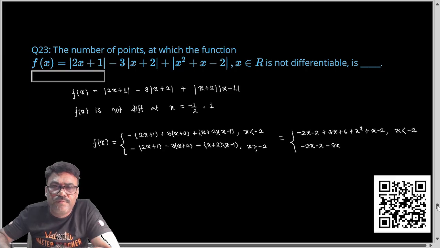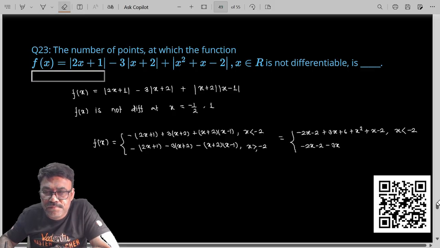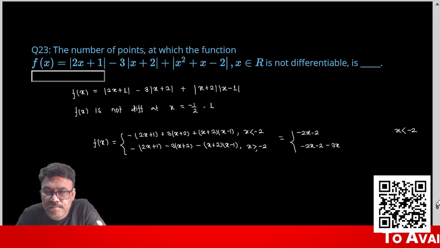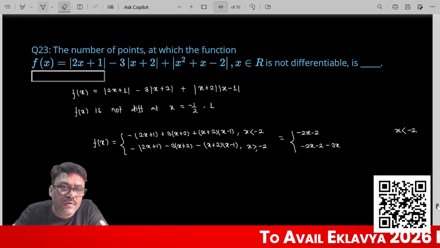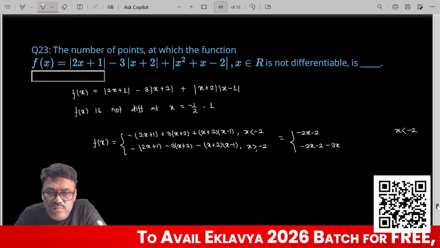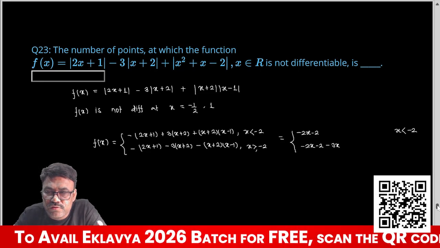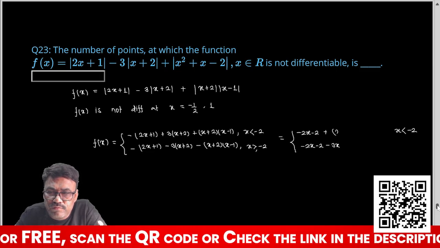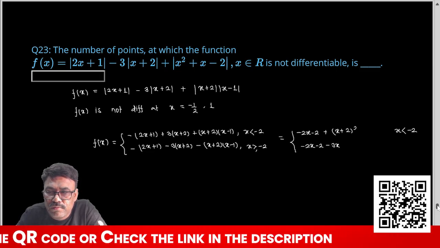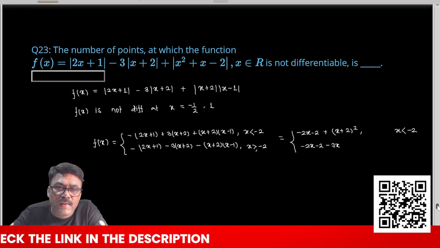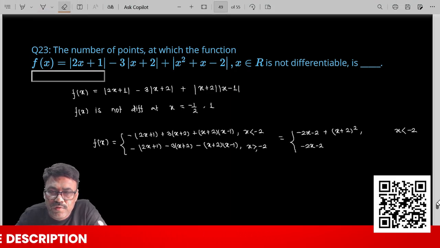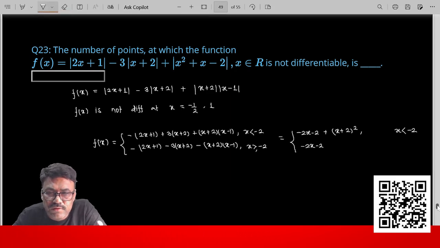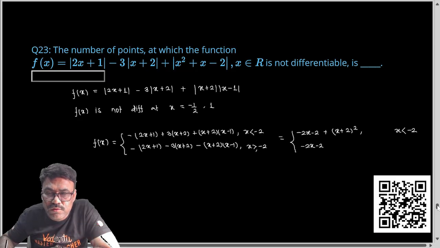That will be better. So minus 2x minus 2, x plus 2 taken common. So x minus 1 plus 3, this becomes x plus 2 whole square. And here also, minus x plus 2 taken common. So this will become x minus 1 plus 3. So minus x plus 2 whole square.